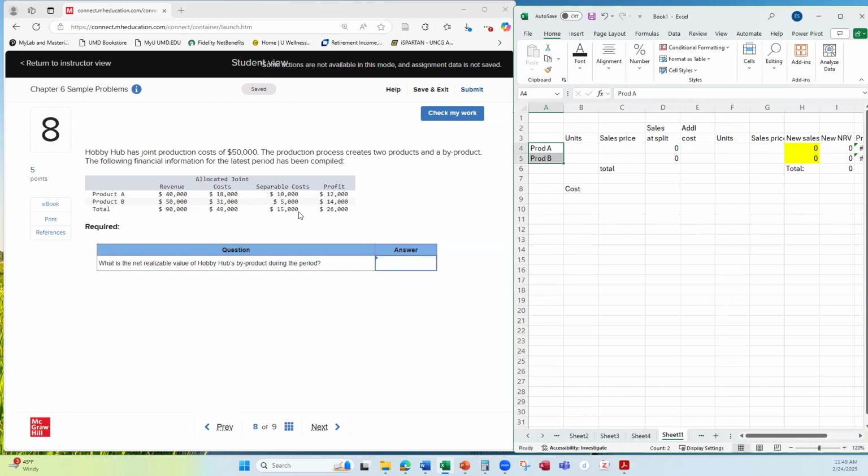And they want to know what is the value of their byproduct during the period if they have joint production costs of $50,000. Okay, well, if we have joint production costs of $50,000 and we assume basically that the byproducts are going to be a break even as far as these costs go, there are two ways you can do that.